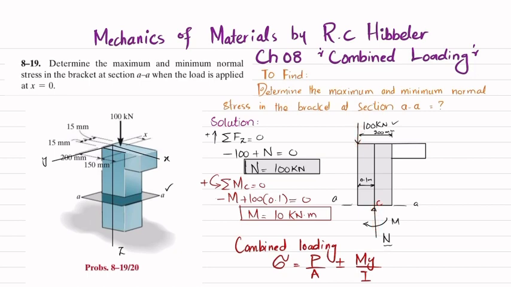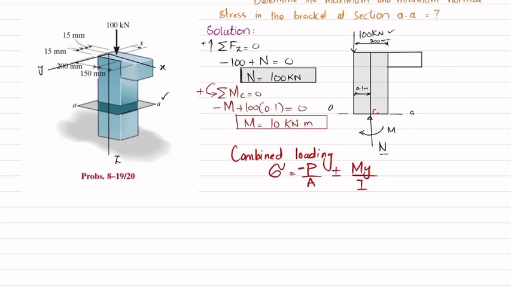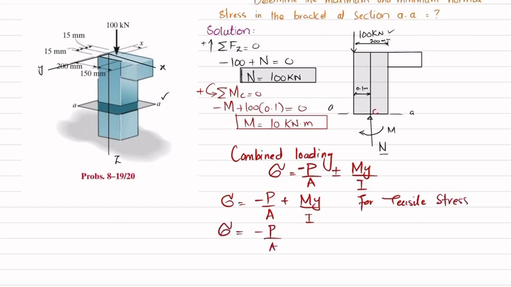So I will write sigma is minus P by A plus or minus My over I. Now for tensile loading, sigma is equal to minus P divided by A plus M into Y divided by I. That is for tensile stress. And sigma is equal to minus P divided by A minus M into Y divided by I. That is for compressive stress. So we will find both stresses.